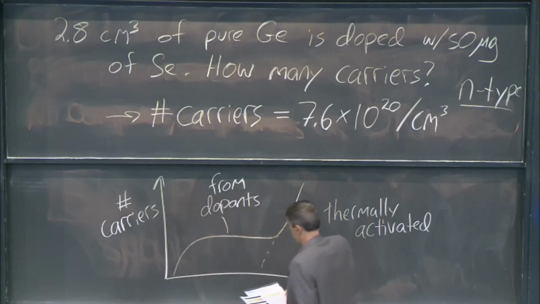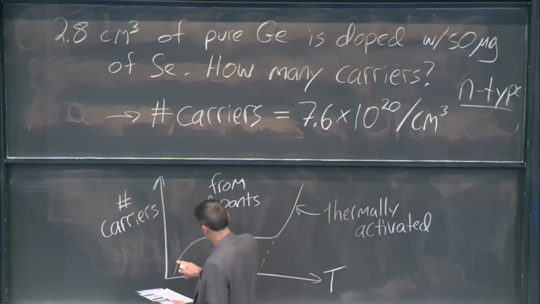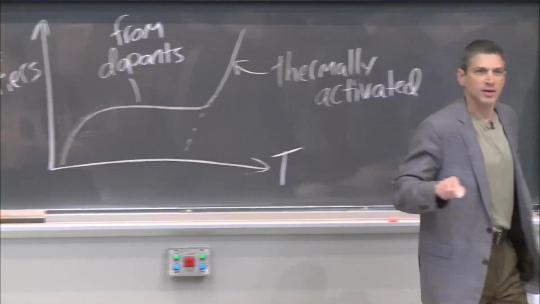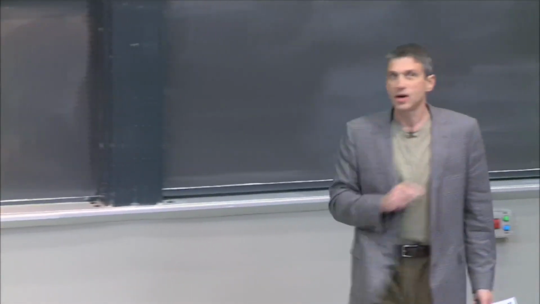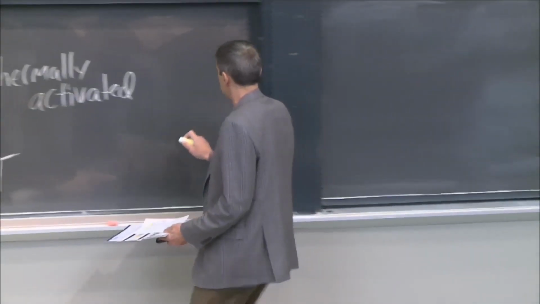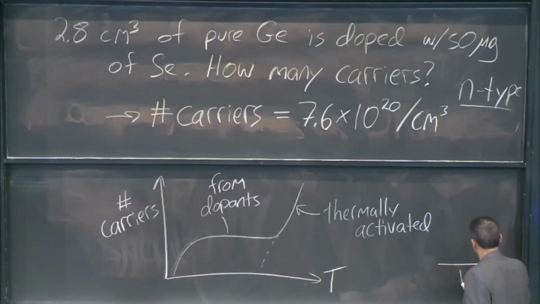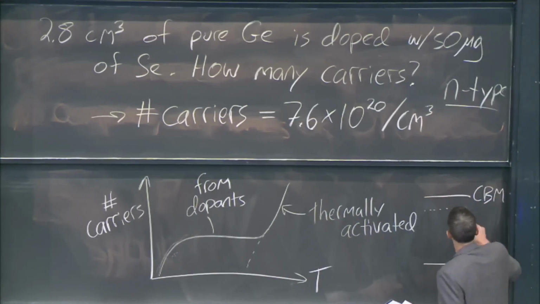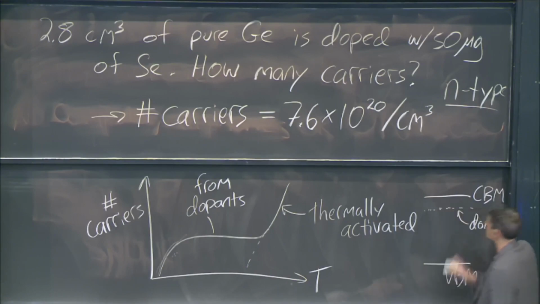Now, you say, okay, what's going on over here? What's going on in this part here? Well, you know what's going on there, because we drew this picture on Wednesday. If I have an N-type, if that's my VBM and that's my CBM, the way this works is you introduce a donor level. That's how doping works, right?